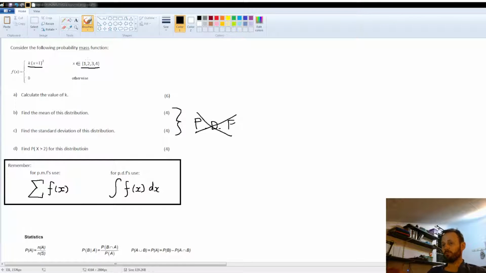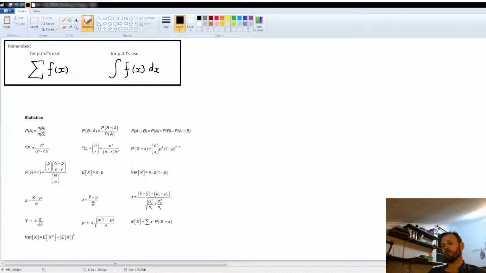So there are a few ways to do this. You could try use your imagination and go, okay, well, the mean must be, I'm not sure what you might think, but the idea for these two questions is that you use these two formulas, because that's the mean and that's the standard deviation squared.